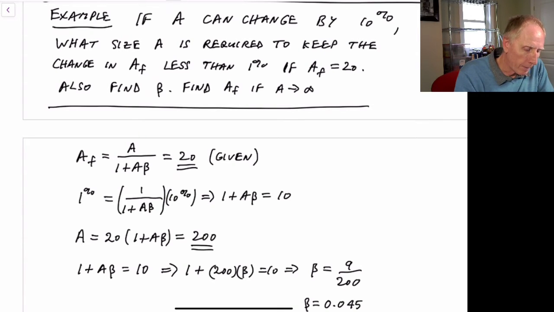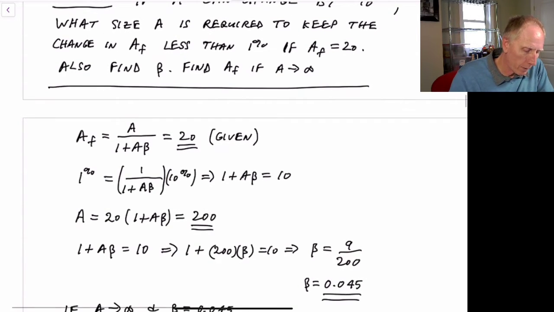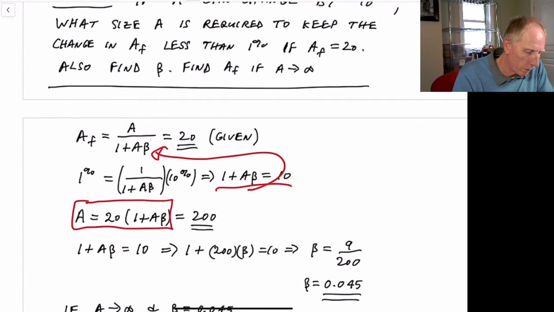That means that 1 plus A beta is equal to 10. We can substitute this into here. And we have that A should be equal to 20 times 1 plus A beta. So A must be equal to 200 in this case.